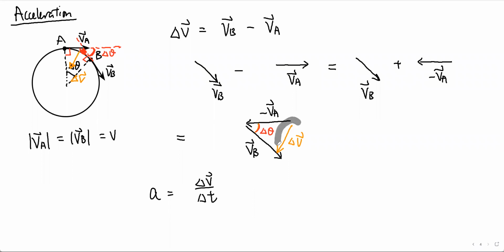That means we need to find the magnitude of the change in velocity. Then how can we find it? It involves a bit of math. Now we take the change in time very small, or tending to 0. At that point, B is very close to A, or the angle theta is very close to 0.